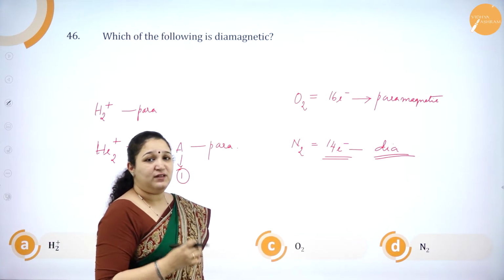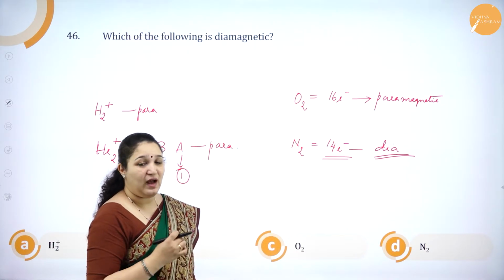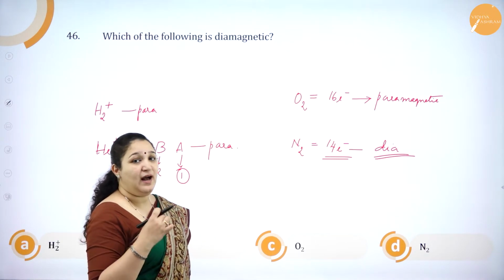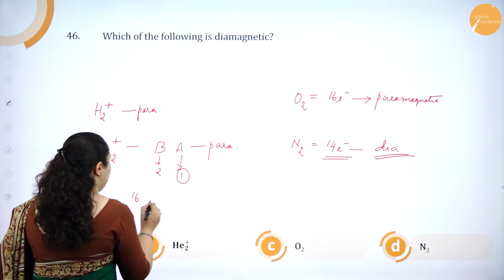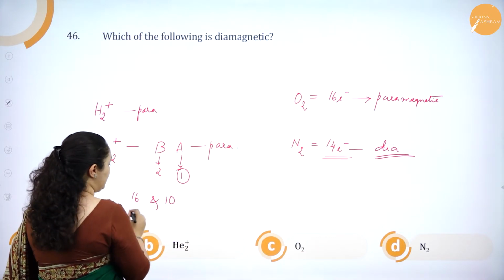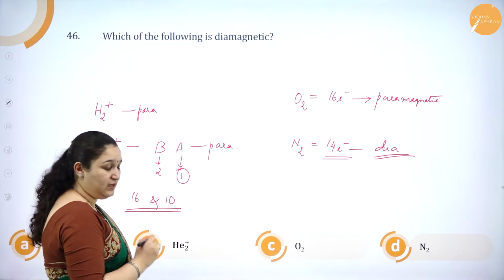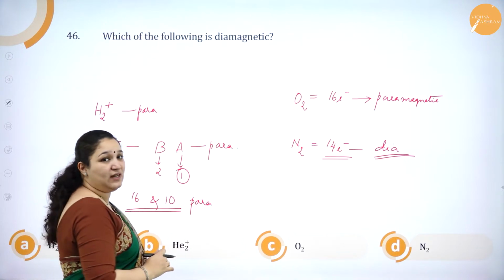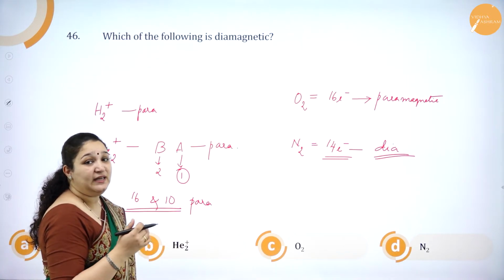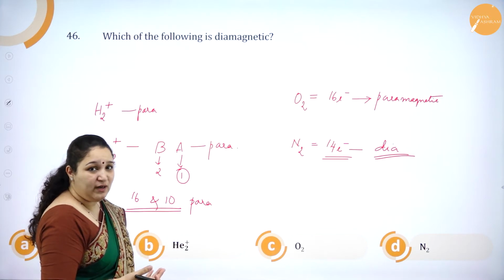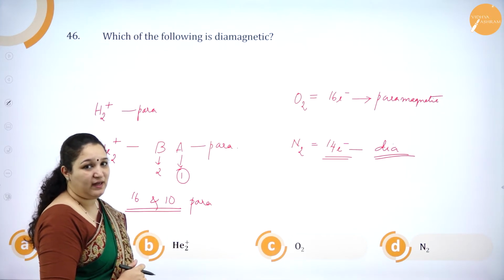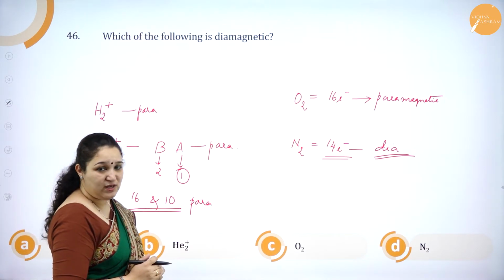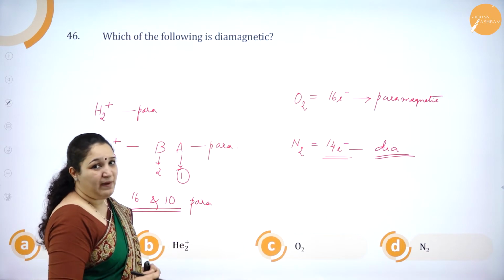Remember, if the number of electrons is an even number, other than 16 and 10, this is an exception. Even if it is an even number, it is paramagnetic. Okay. Rest of all the other even numbers, it will be diamagnetic. If it is an odd number, it will be paramagnetic.